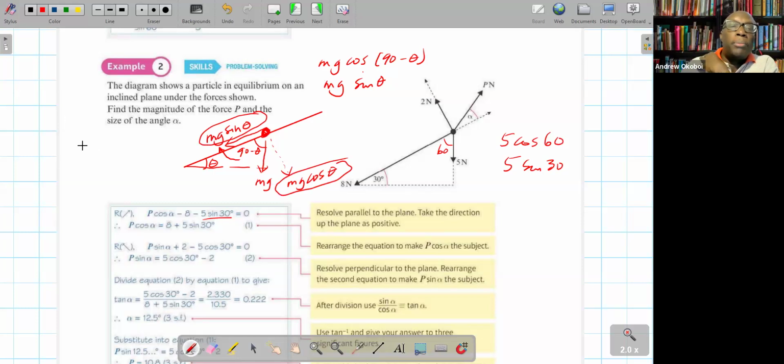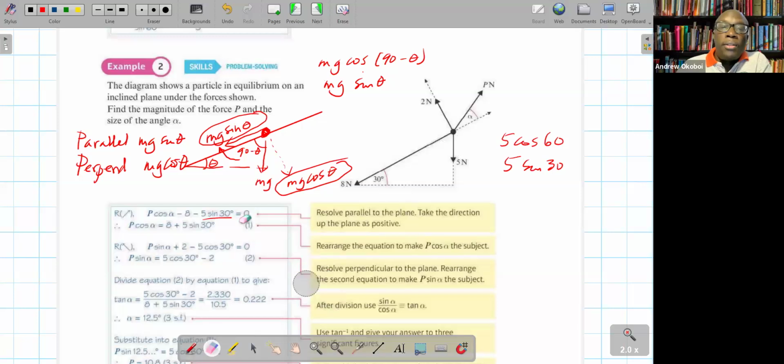So what some people do is remember parallel is mg sine theta and perpendicular is mg cos theta. So that's why this is mg, and that's why this here is 5 sine 30, because they've taken this and turned it this way.